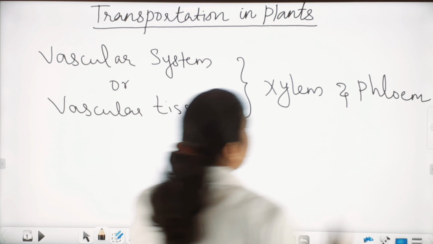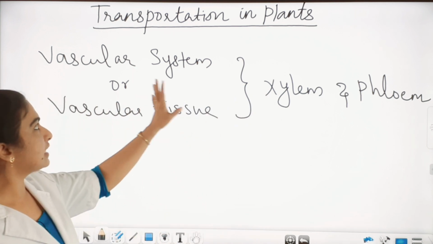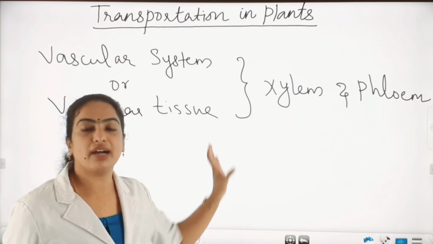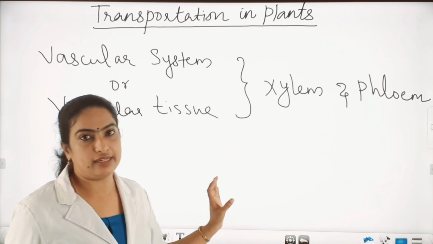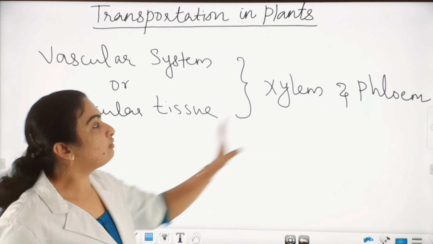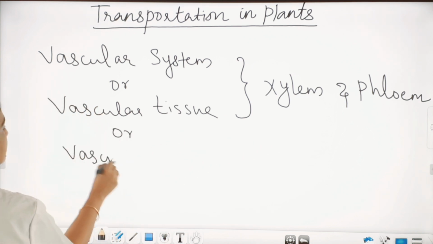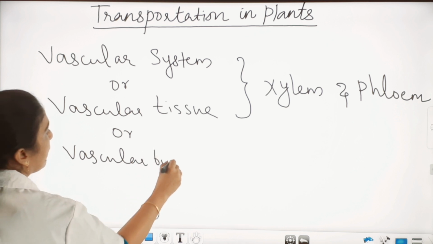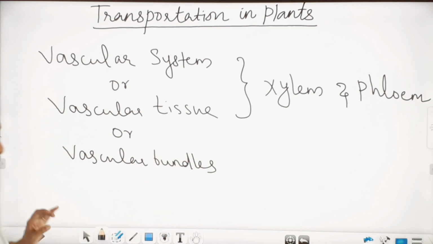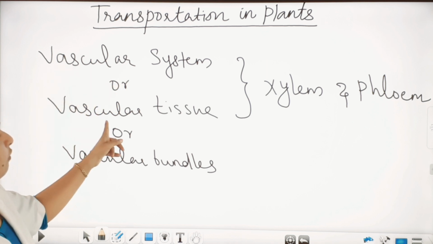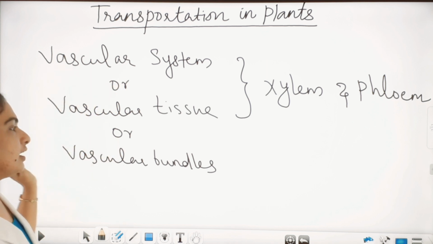These are the two vascular tissues, and xylem and phloem are arranged like a bundle, so this system is also known as vascular bundles. Is it clear?